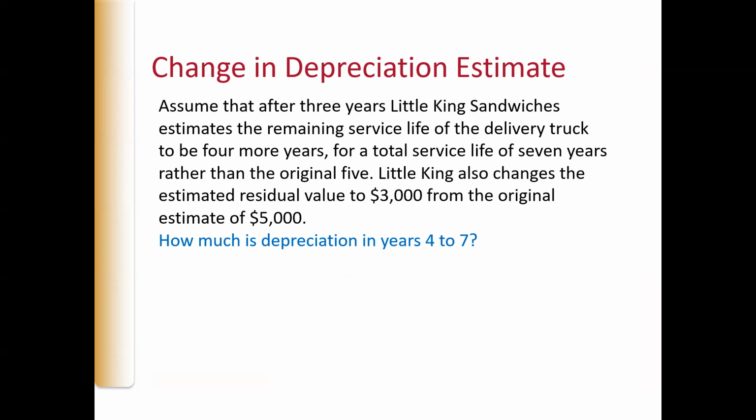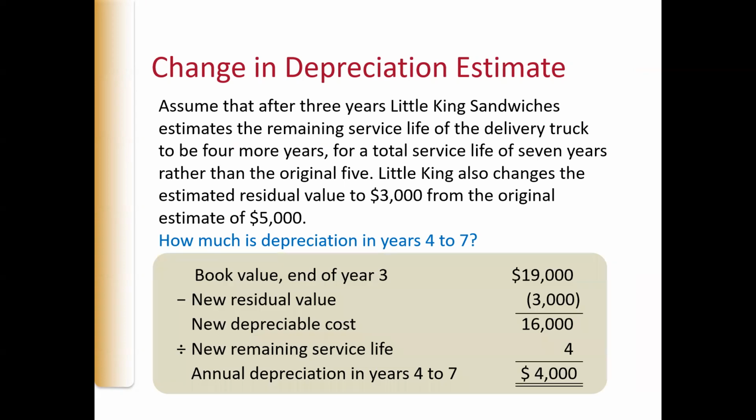So what do we do in depreciation in years 4 through 7? One thing is we don't go back and change what we've already done. We just change going forward. So at the end of year 3, the book value was $19,000. We changed for a new residual value of 3.